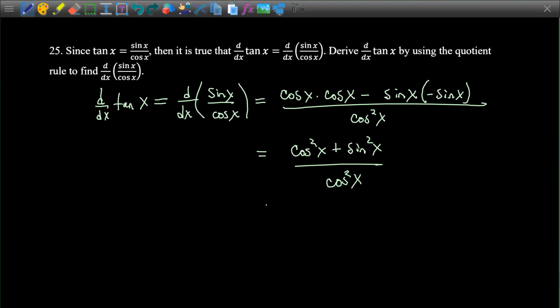One way is to recognize that cosine squared plus sine squared, that's a trig identity equal to 1. And then over cosine squared. And 1 over cosine is secant. So 1 over cosine squared is going to be secant squared.